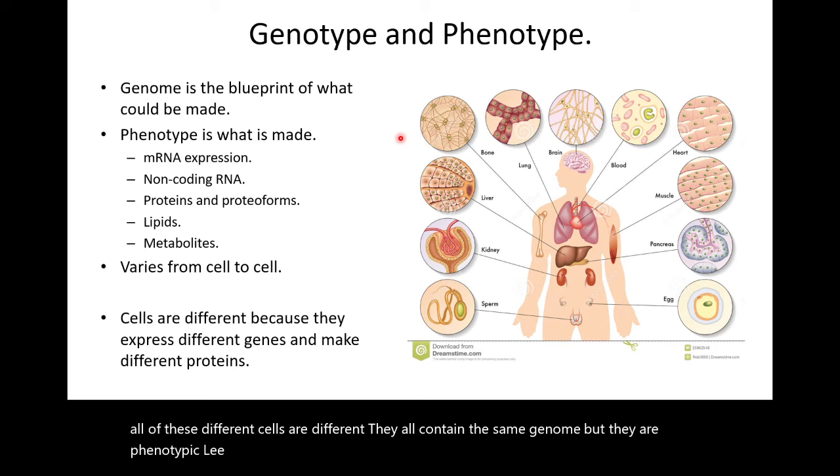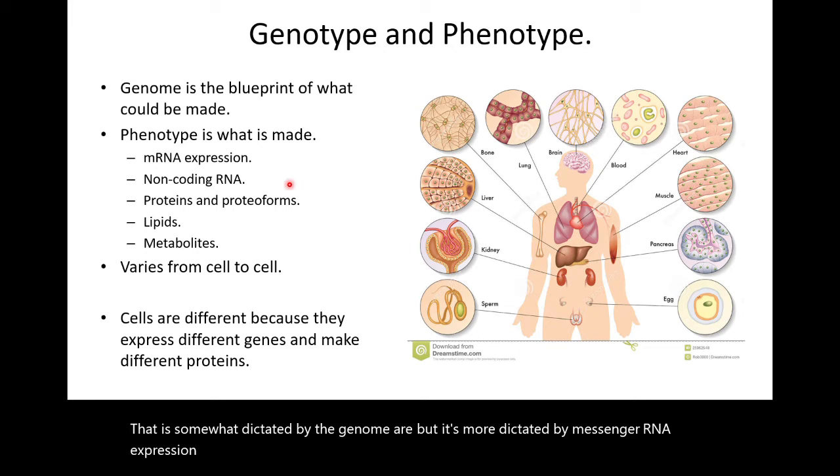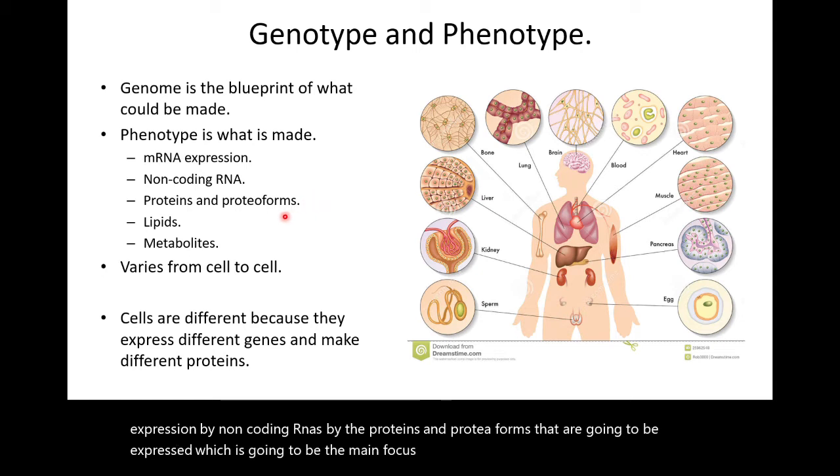The phenotype is what is actually being made. That is somewhat dictated by the genome, but it's more dictated by messenger RNA expression, by non-coding RNAs, by the proteins and proteoforms that are going to be expressed, which is going to be the main focus of this video, and also the lipids and the metabolites that are present.